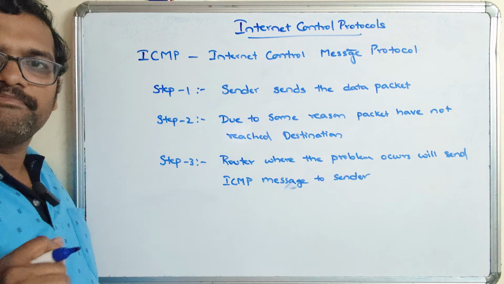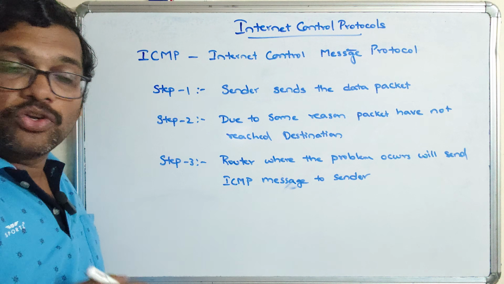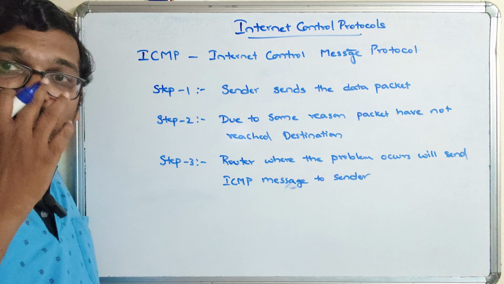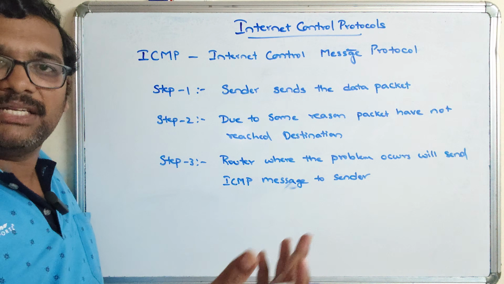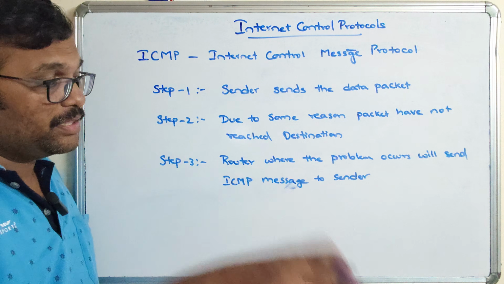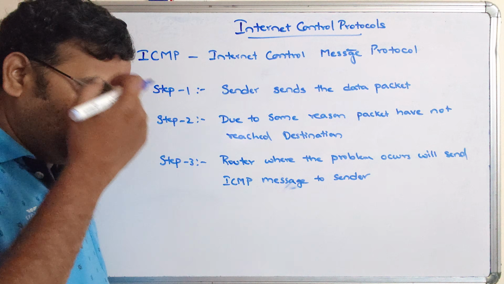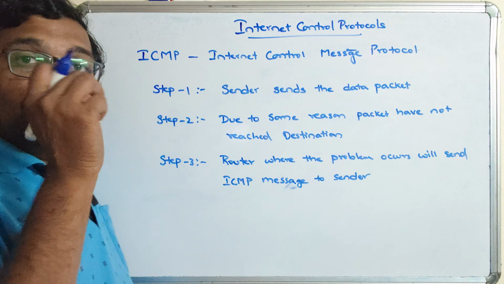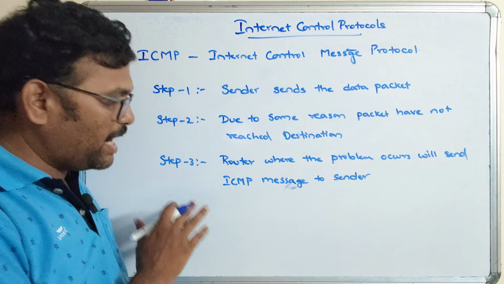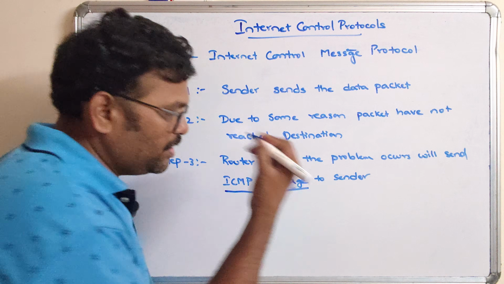So these are the steps. Maybe due to congestion the data may not be received at the destination. At the same time, the router in which the problem arises will be sending this ICMP message.